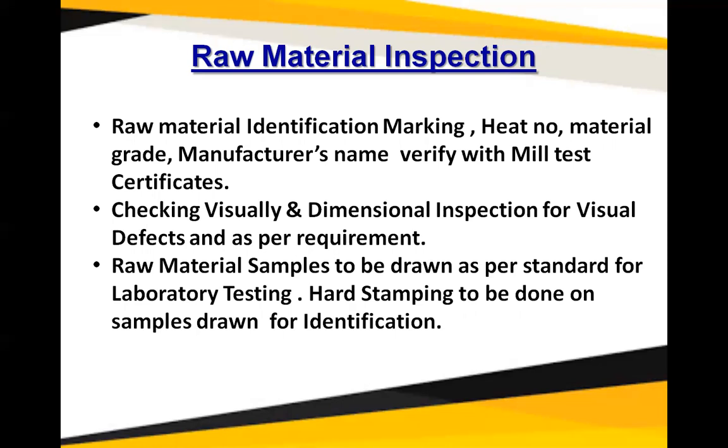So once you are satisfied with the raw material visually, then you have to check it dimensionally. Dimensional inspection you have to carry out for thickness generally, and the length of the raw material and diameter you have to see, and the tolerance limits for these are given in the standards that you have to verify.